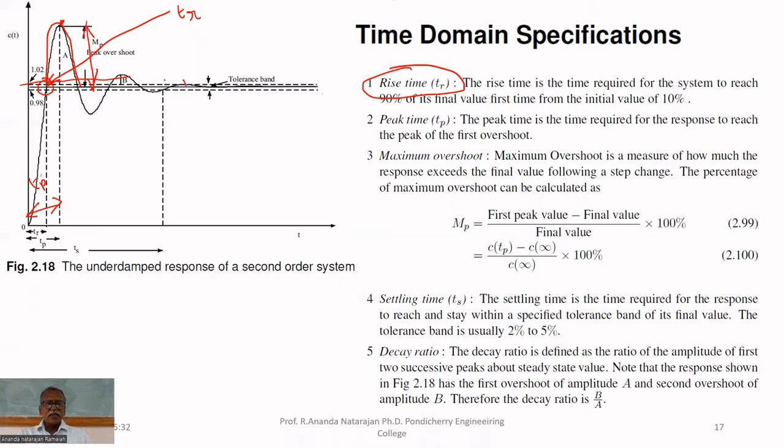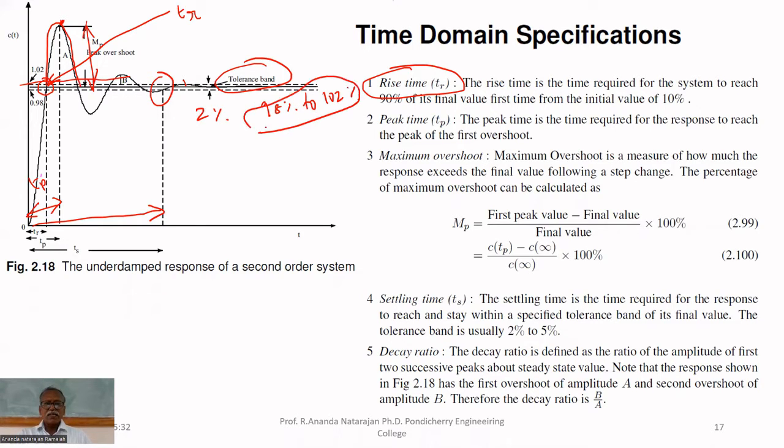And TS is settling time, the time taken to reach 98 to 102% of the final steady state value and remain there. Already I told you that tolerance is required. The tolerance is 2%, meaning from 98% to 102%.